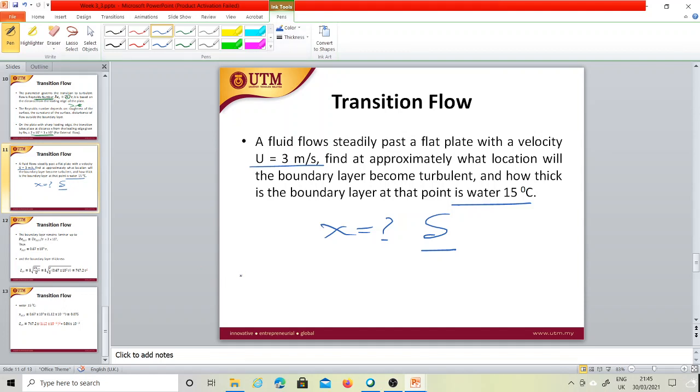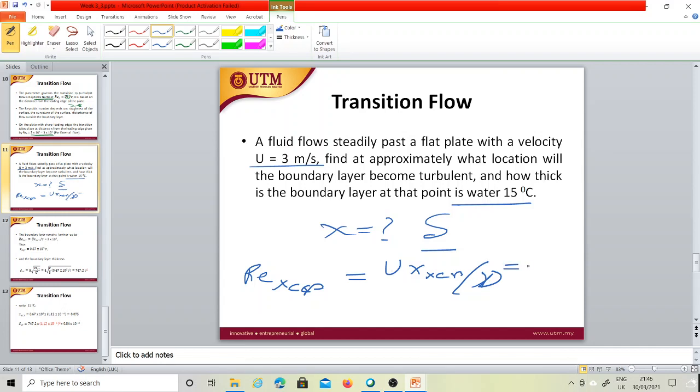So in this case, you need to find out the Reynolds number. You already know the Reynolds number. If you want to find the x critical value, we use it because it defines a transition point. So Re at x critical is u times x critical divided by mu, where rho by mu is nu.